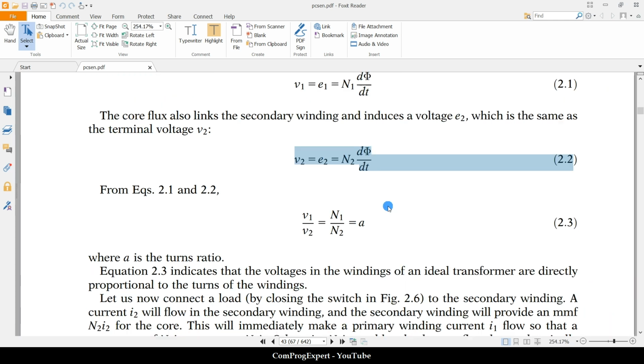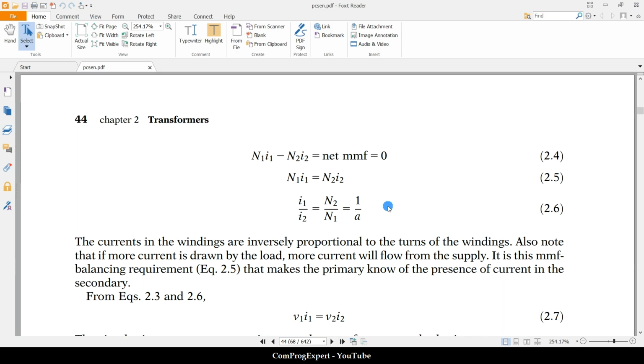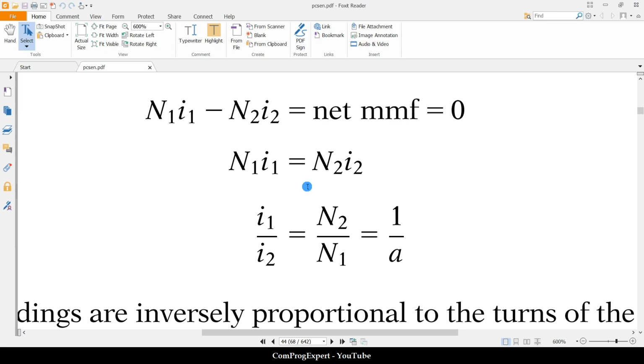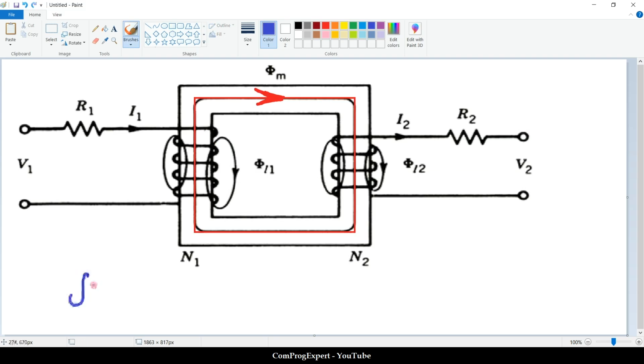So the next equation is this one, that is derived by calculation of this integral. If we consider this closed path here and write integral of H dot dl, this is equal to N1 I1. The direction of the current is important here.